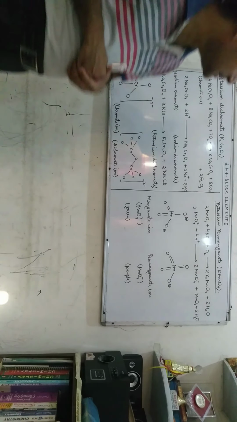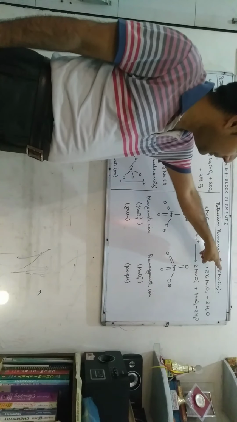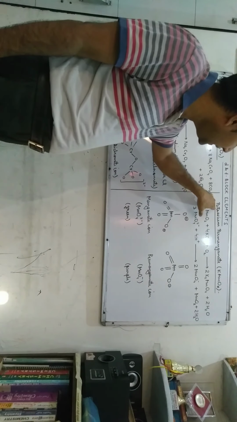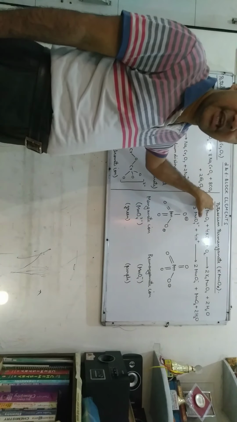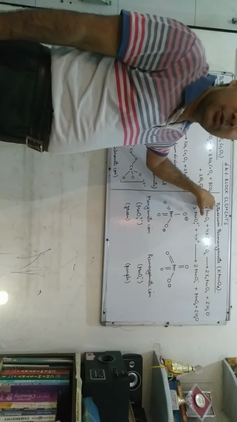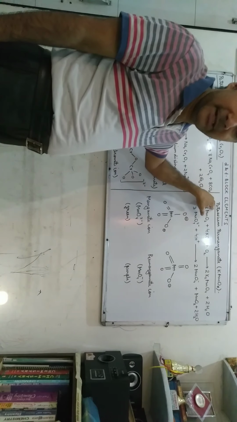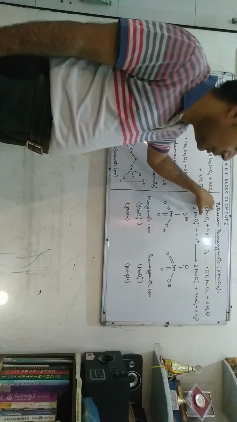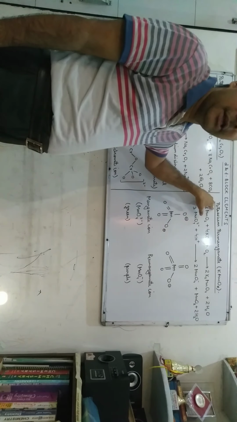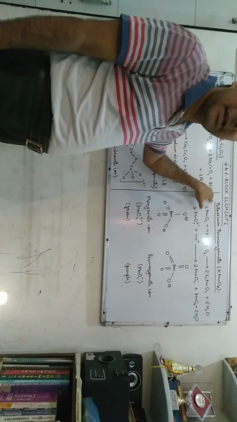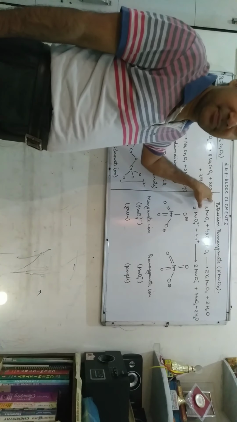Now let us discuss potassium permanganate, KMnO4. It is one of the most important chemicals used as an oxidizing agent and widely used in treatment of boils and also used as a germicide and sold in the market under the name Lal Dawa.